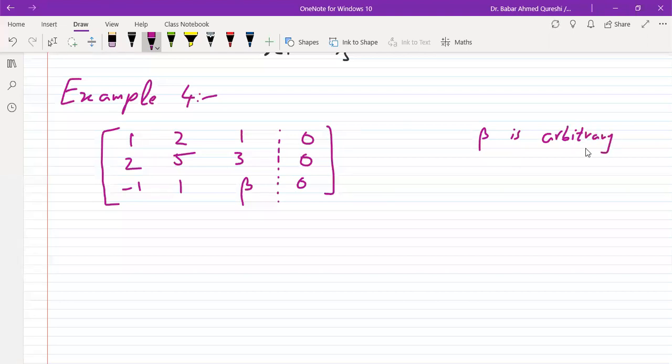Now, first question I ask, can this system ever be inconsistent? How do I know? So let me write this question over here. Can this be inconsistent for any value of beta?